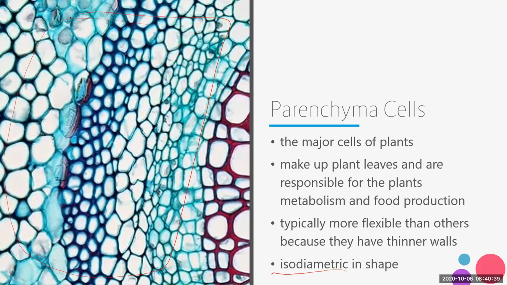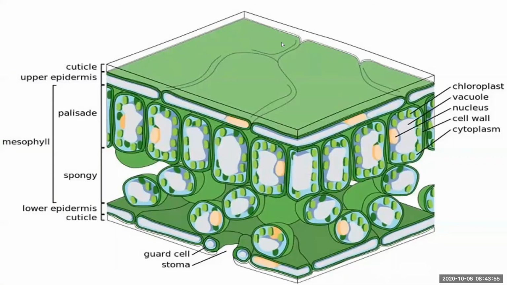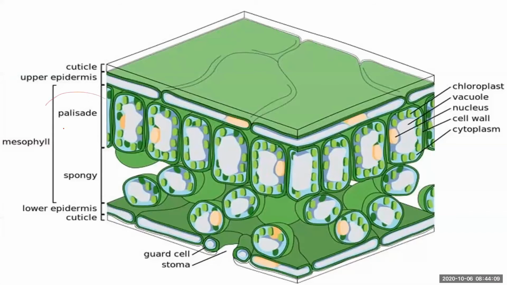So if the parenchymal cells are seen on the leaves, we can actually divide them into two types. We have the palisade parenchymal cell and the spongy parenchymal cell.